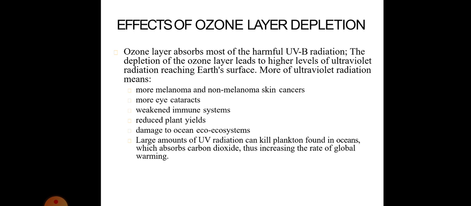It also affects marine life and the aquatic food chain. Planktons are greatly affected by exposure to harmful ultraviolet rays, and if the planktons are destroyed, the organisms in the lower food chain will also be gradually affected.